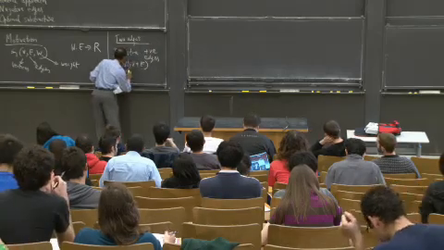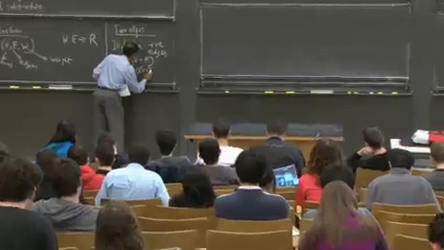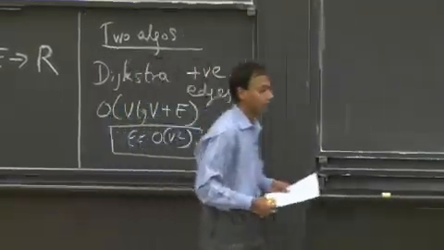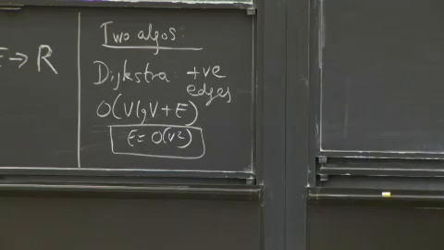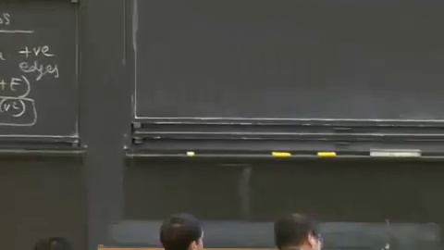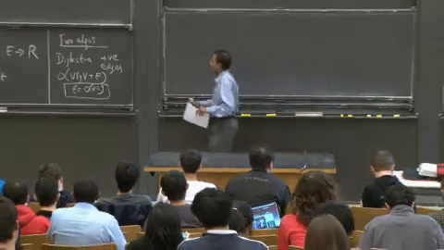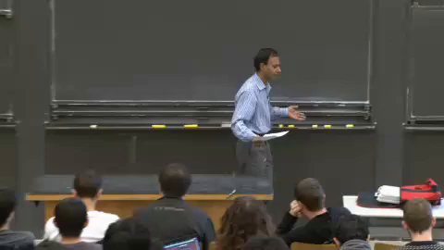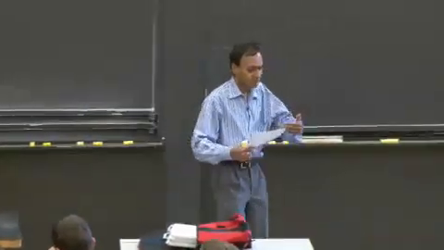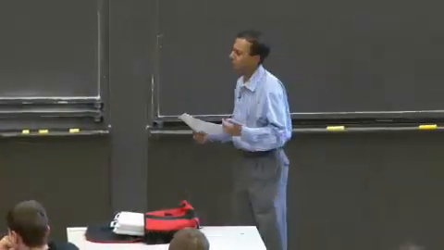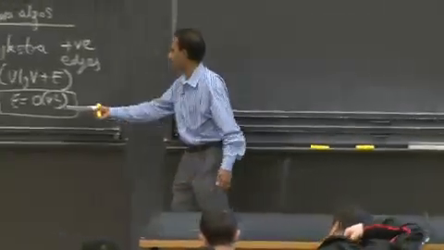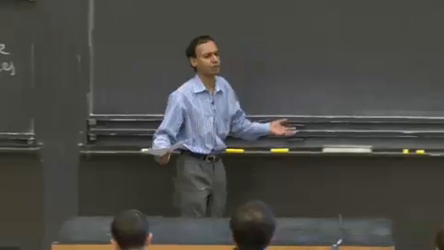So you can think of E as being order V squared. Now you can imagine a complete graph. A complete graph is something that has an edge between each pair of vertices. And that's where you'll get E being theta V squared.